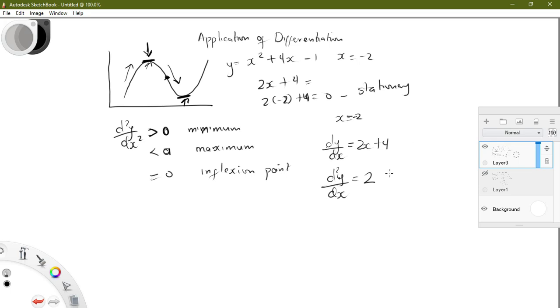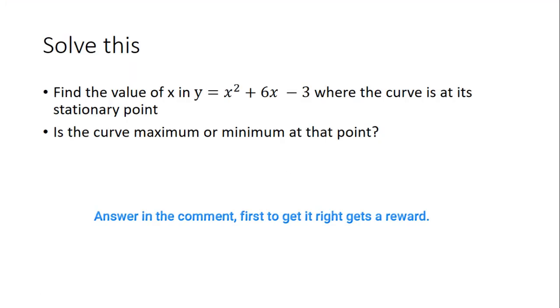Now we see that it is 2 and it is greater than 0, then we can tell that it is a minimum. It is a minimum at where x equals -2. So it means the turning point is a minimum at that point. It is something like this at that point.